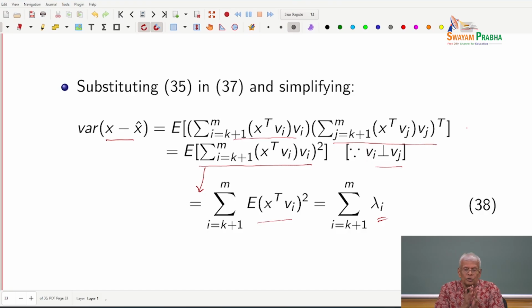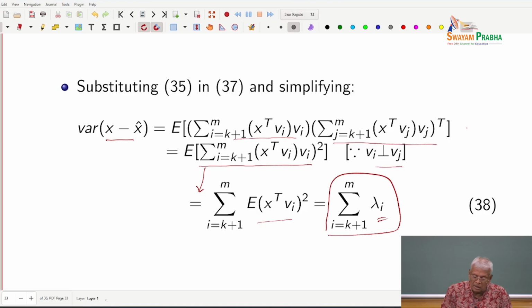If I throw away the last m minus k principal components when we are trying to approximate x, the amount of variance associated with that thrown away part is essentially given by the sum.